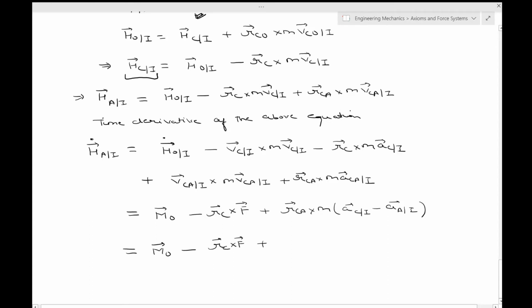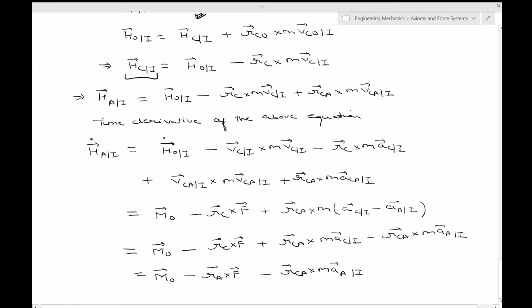Plus RCA cross MAC minus RCA cross MA times of I. This is MO minus RA cross F, and this would be minus RCA cross MAA with respect to the I frame.